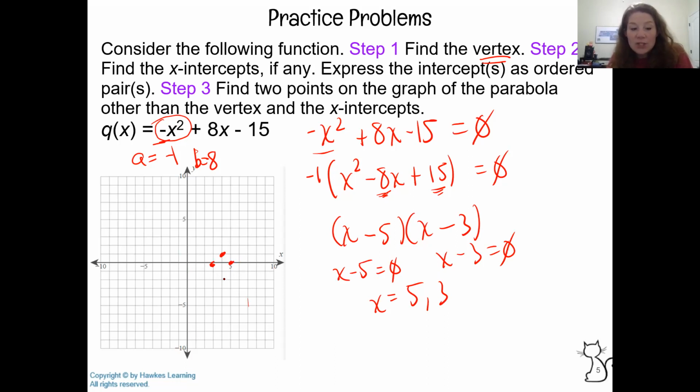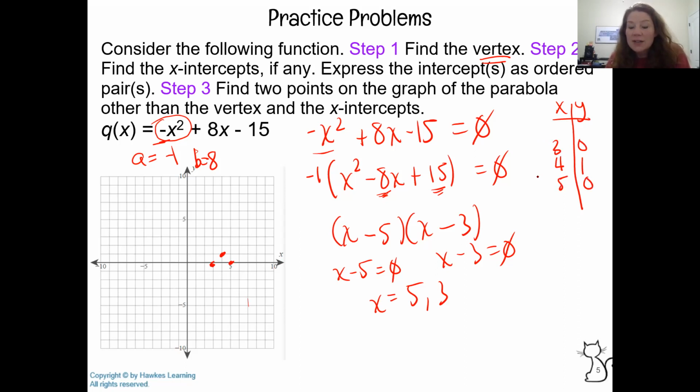Now it does want two numbers other than the vertex. So the vertex, let me write these down. The vertex is 1, 2, 3, 4, 1. I'm going to put that in the middle. My x-intercepts are 3, 0, and 5, 0.